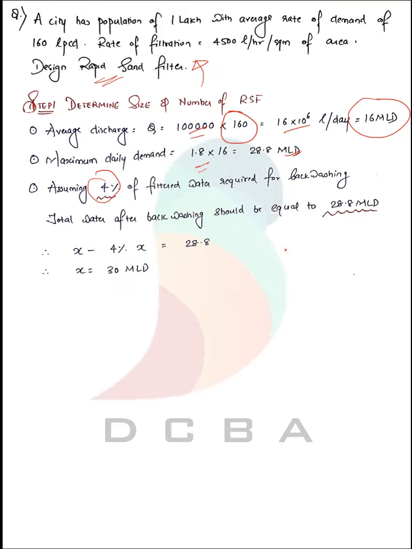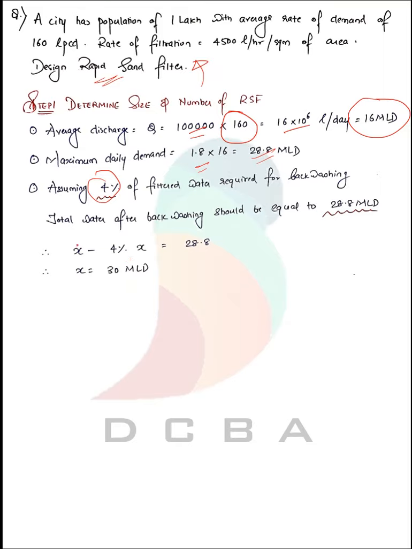Our requirement is 28.8 million liters per day, so this requirement has to be satisfied by any means. You use 4% or you use 10%, it doesn't matter. But even after using that water for backwashing, at the end I should get 28.8 million liters per day.